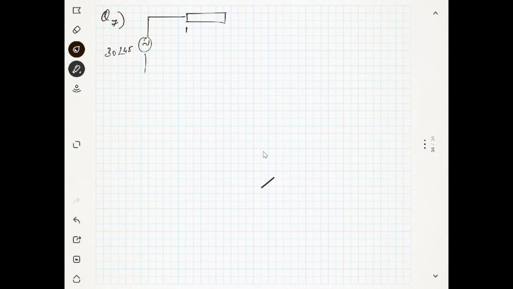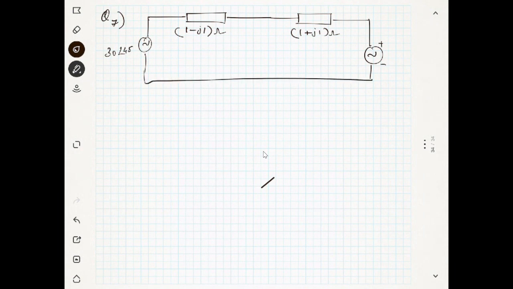This is 1 minus J1, and another here you can see it is 1 plus J1 ohm, and there is another power supply which is 30 at minus 45 degree. So previous was 45 degree and this is minus 45, and there is an impedance which is connected here.